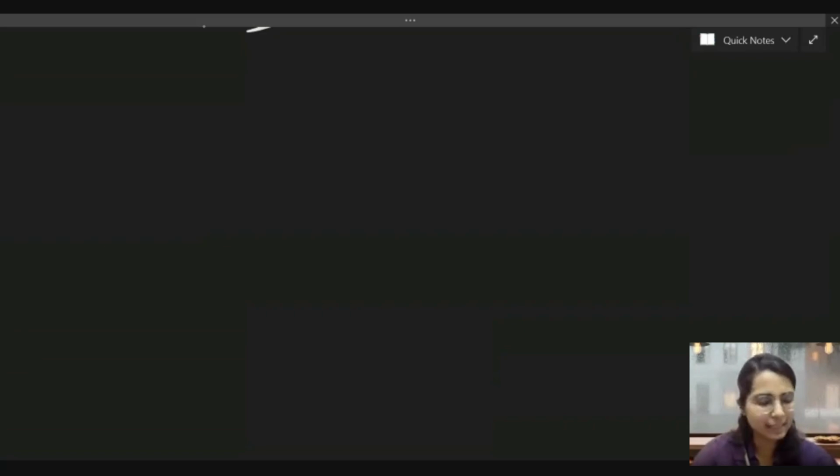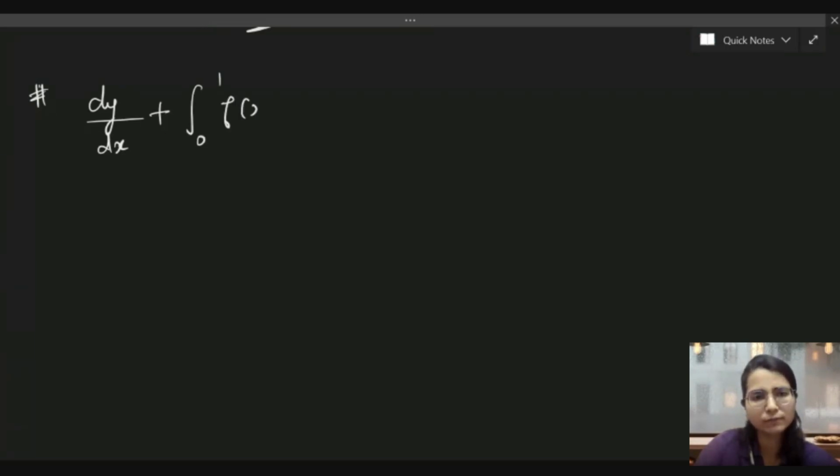I have some more examples. I will give you a brief idea of the difference between a differential equation and a non-differential equation. For example, I have this equation. Here y was a function of x. So this is a differential equation. It contains an integral.